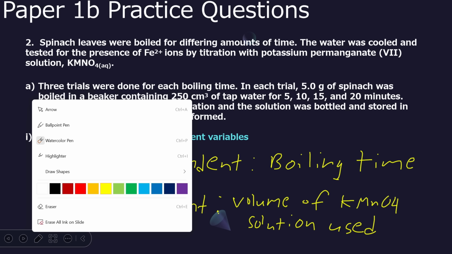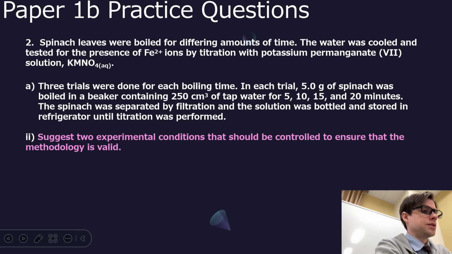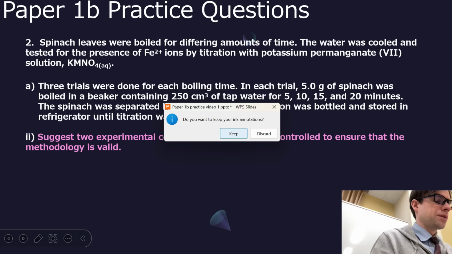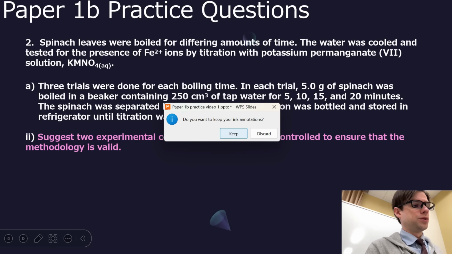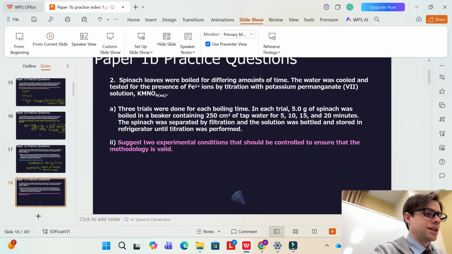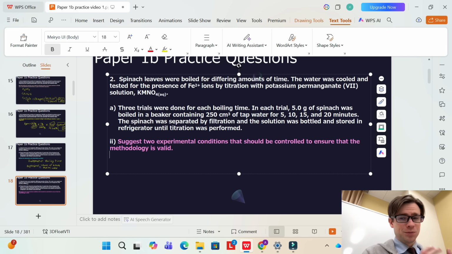Okay, moving on. Suggest 2 experimental conditions that should be controlled to ensure that the methodology is valid. So even though they will not be using some other things as their independent variable, they still need to control their experimental setup to make sure that any relationship is between the independent variable and the dependent variable.